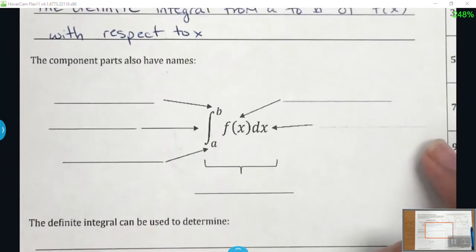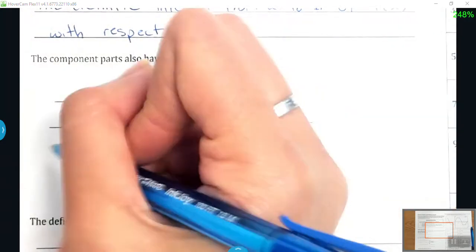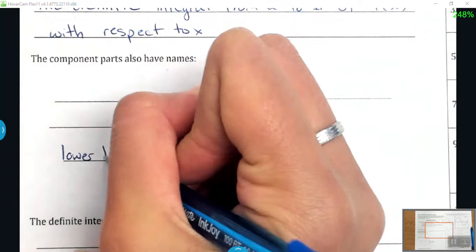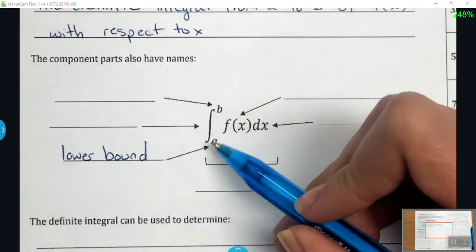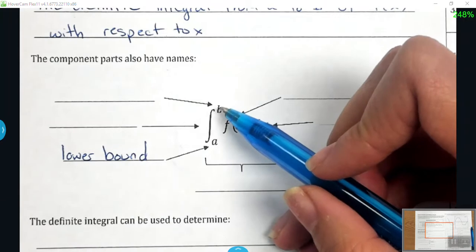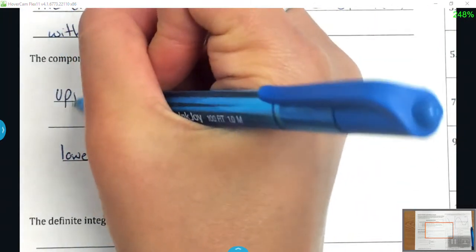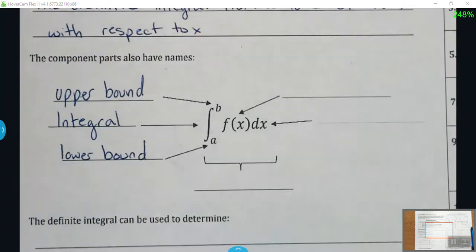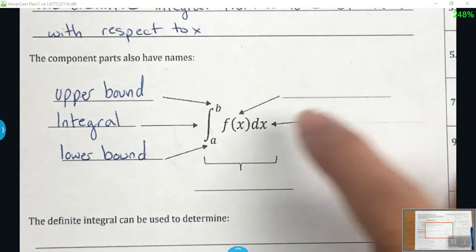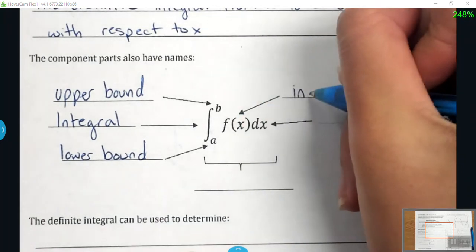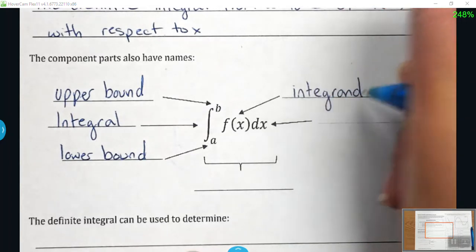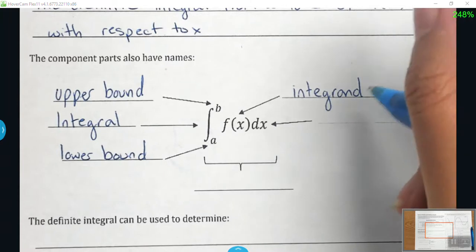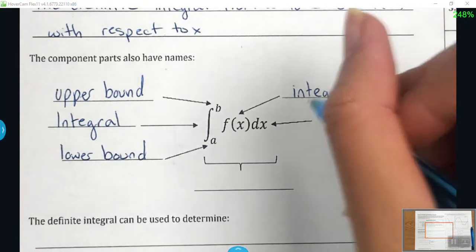There are five different parts. This part down here is your lower bound. You always start with this number down here, and then go until you hit this number, your upper bound. This symbol is your integral, which means you're finding area under the curve. This is your integrand, kind of like the radicand when you're doing root functions.